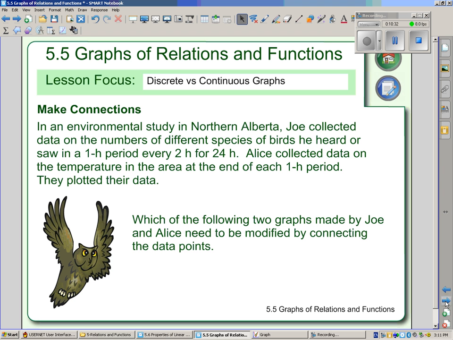So they each had a different task to do, and they were in the same spot. We want to look at which of the two following graphs made by Joe and Alice need to be modified by connecting the data points. So I'm going to show you them, and I want to say, okay, which ones make sense to connect the dots, and which ones should just have the dots?